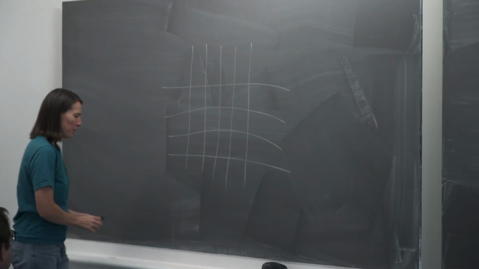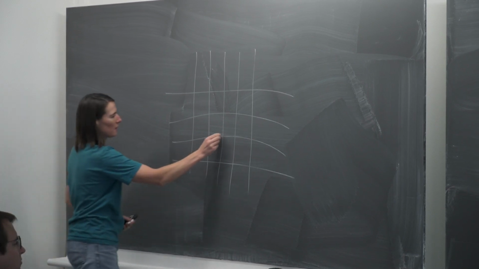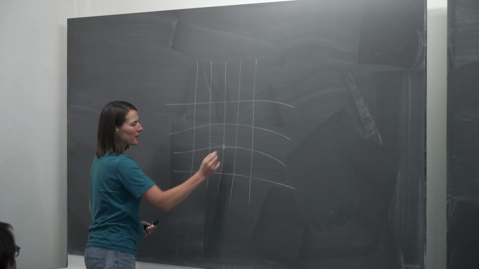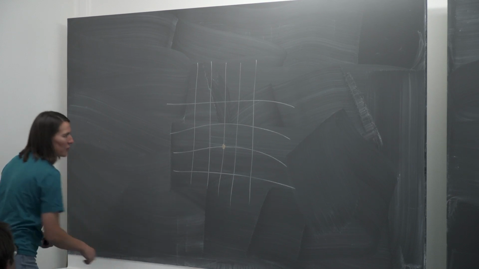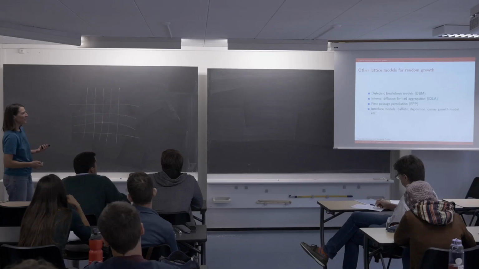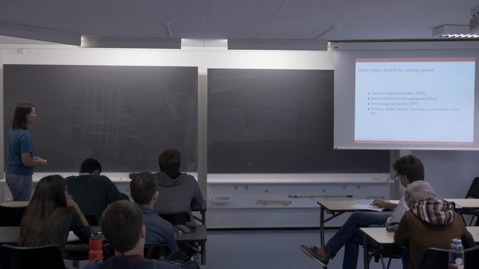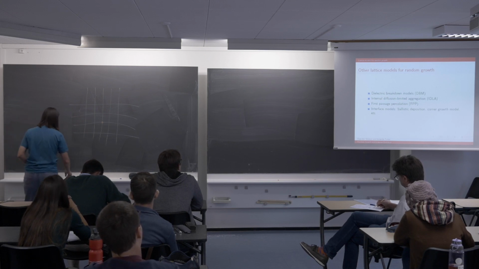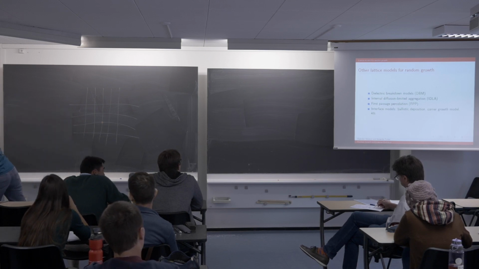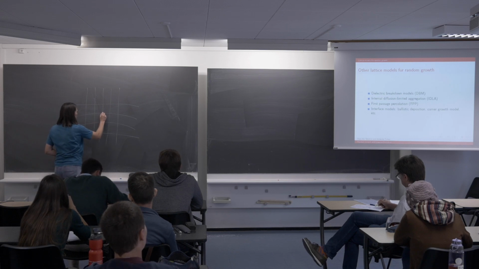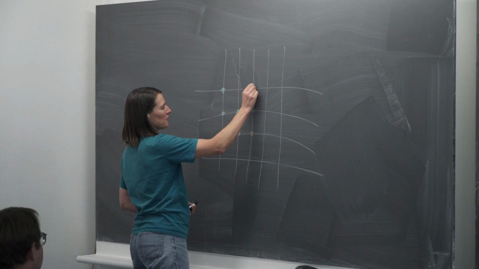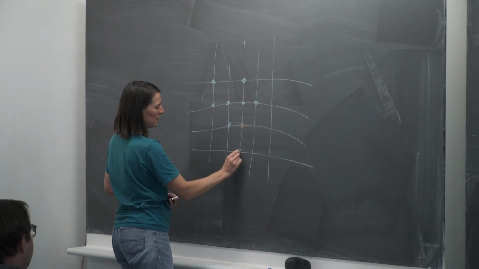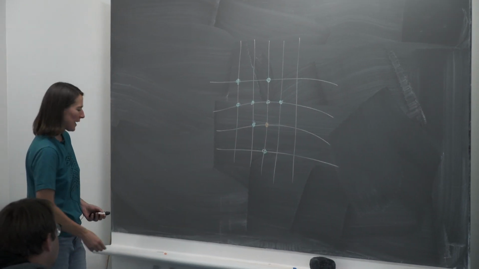So again, as before, we have our grid, and we have our seed particle at the origin, and we're going to attach particles one by one. And the rule is different for each of these models. So let's just suppose we've acquired a few particles. Okay, so suppose the cluster looks a little bit like that.